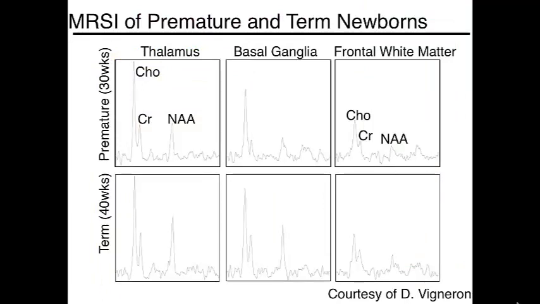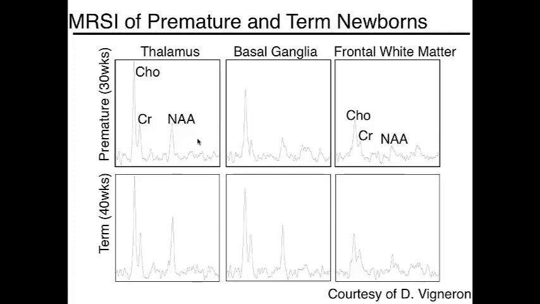Now, it turns out that there isn't just a temporal change in metabolites within the developing brain, but metabolites also vary depending on which area of the brain you're looking at. For instance, here are spectroscopic values from a preterm neonate in the thalamus, basal ganglia and frontal white matter compared to a term neonate, and you can see how the NAA is much higher in the developing thalamus as compared to the frontal white matter.